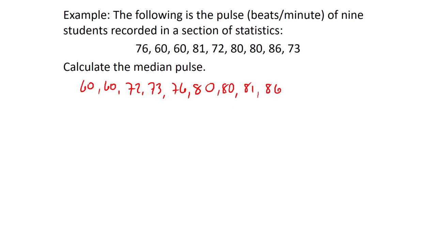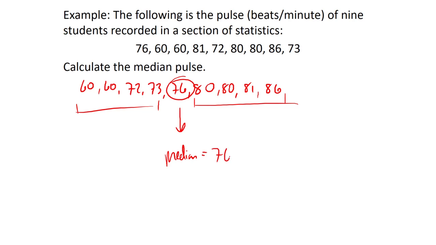Did I get 1, 2, 3, 4, 5, 6? Yeah. So in this case, it's an odd number, right? So there's just going to be 4 below, 4 above, and then in the middle it's just 76. There really is no notation we use for the median. Oh, and it would be in beats per minute.